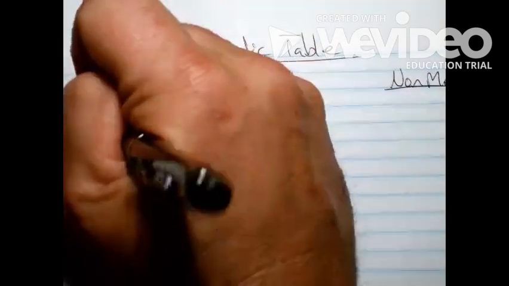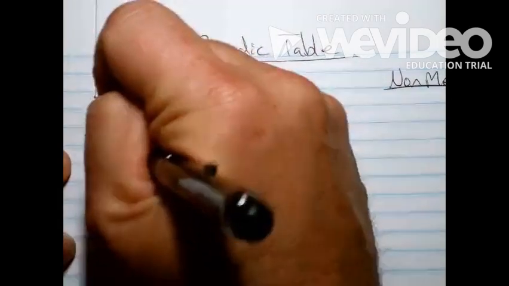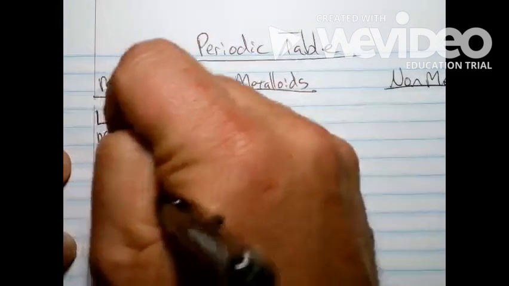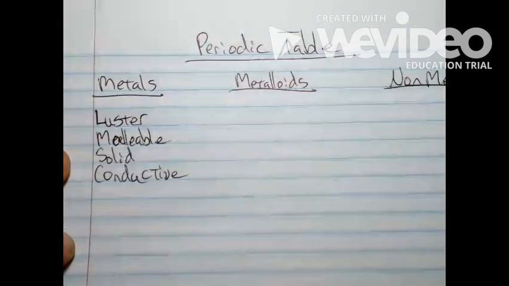So they're shiny. What are some other properties? Malleable. Malleable, yeah.